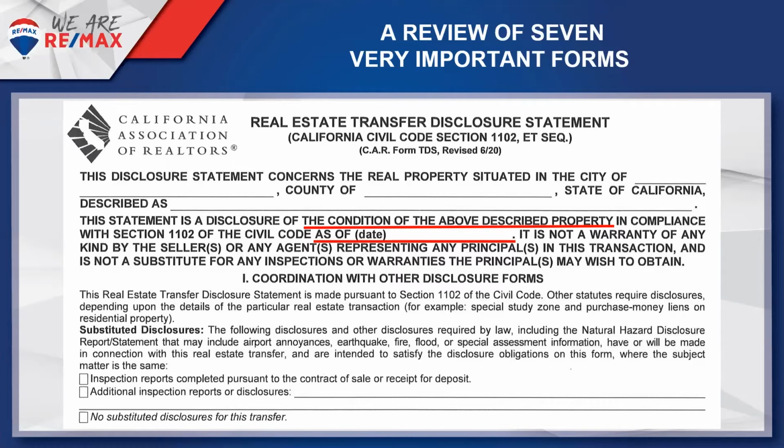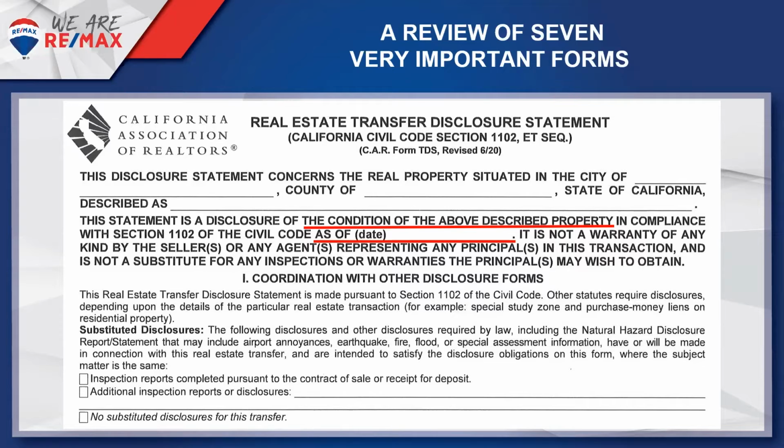By the way, I forgot to mention, let me jump back, the home fire hardening disclosure is part of 1102 also. So that disclosure contains the same right of rescission. That's why I said earlier, if you deliver that form early in the transaction, even when you didn't need to because you couldn't determine what fire zone it was in, there's no downside.